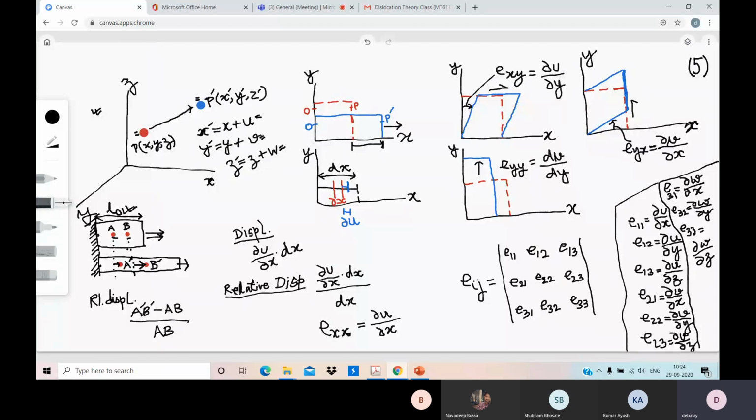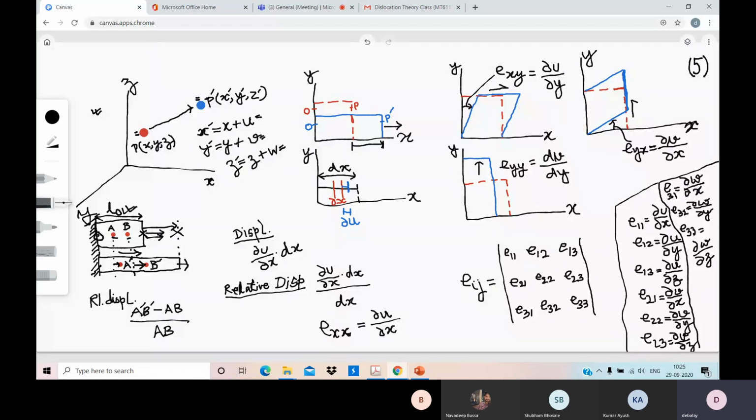But as you go along the x direction, you will find the points are shifting more and more. For example, if you take a point here, that point will now shift to here. This much is the shift of that point, whereas a point tightly attached to the hinged point is not shifting.